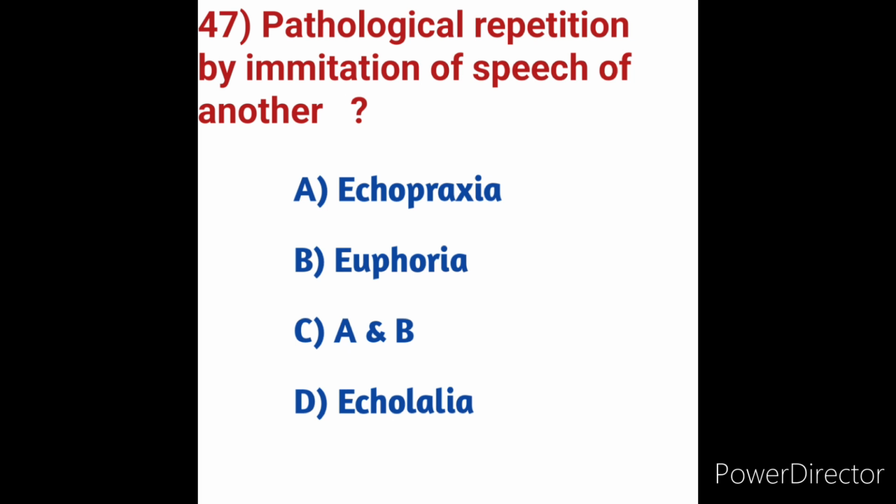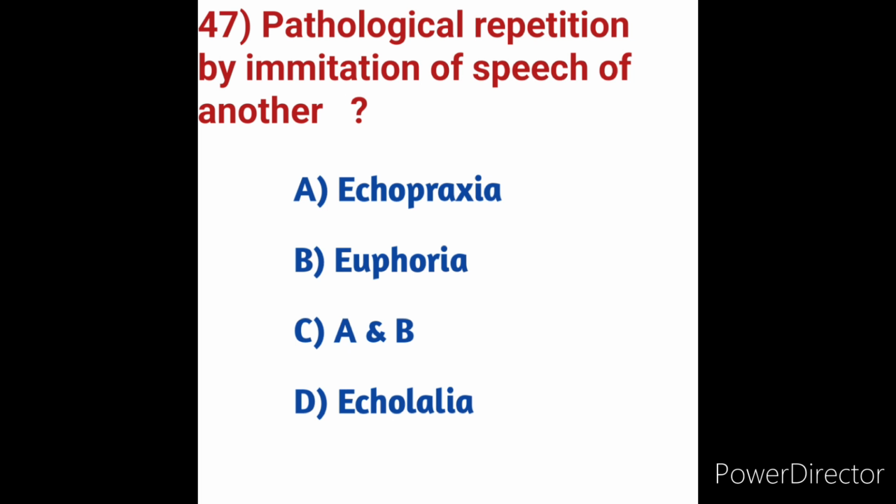The pathological repetition by imitation of speech of another is termed as echopraxia, an involuntary imitation or repetition of someone else's actions, while echolalia is involuntary repetition of language and sounds. Echopraxia is the same but with action. The word itself comes from ancient Greek.